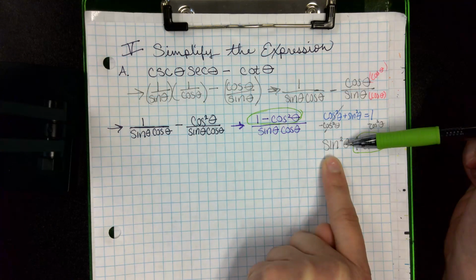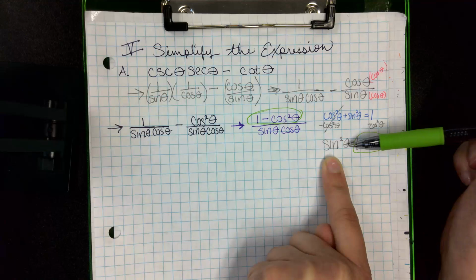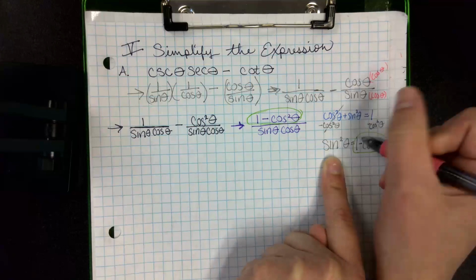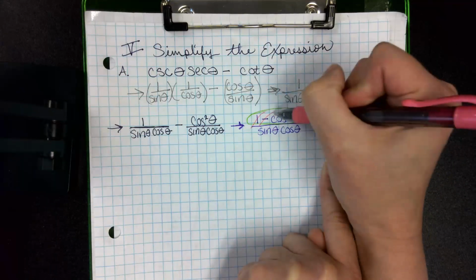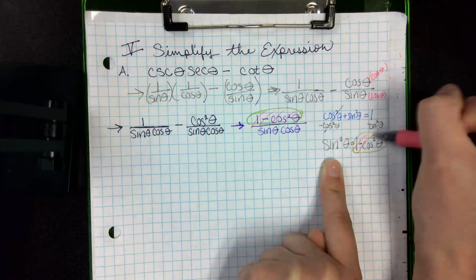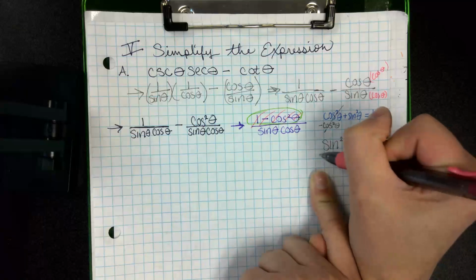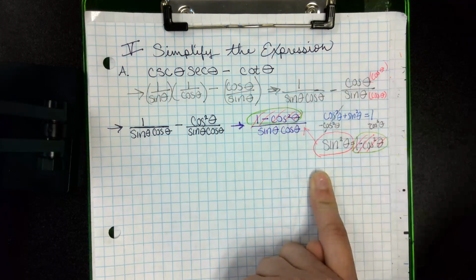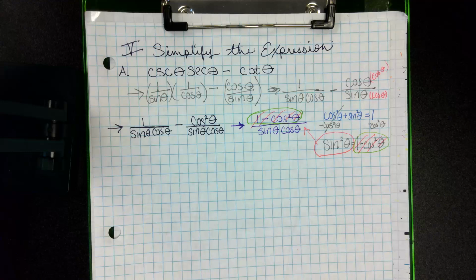The left side is the simpler, nicer side. I'd rather have that in my problem. And because they're equivalent, I can do that. So I can take this ugly side out of my problem and take the nice side and put it back in my problem. I could switch it out. That's the whole point of an identity.